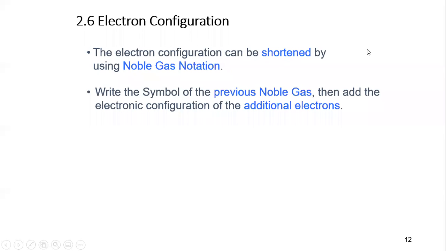So as you can imagine, as we get to larger and larger elements, it becomes more tedious to have to write everything from 1s to 2s to 2p to 3s to 3p, etc. So there's a way that we write the shortened or abbreviated electron configuration using the noble gas notation.